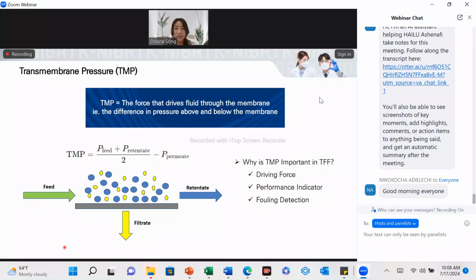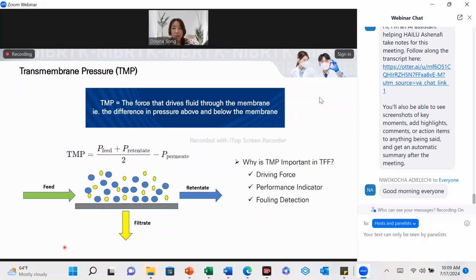So why is TMP important in TFF? TMP is the driving force that pushes the liquid through the membrane, making the filtration process work. And TMP is a performance indicator. By monitoring TMP, we can understand how well the membrane is performing. A stable TMP means the filtration process is consistent and working properly.